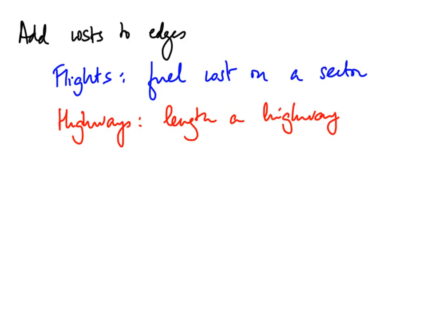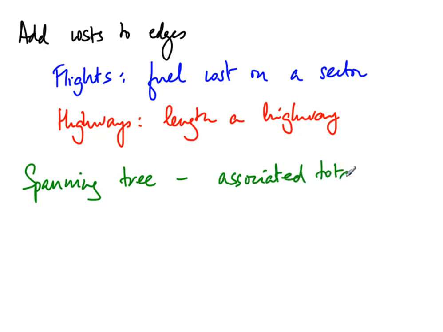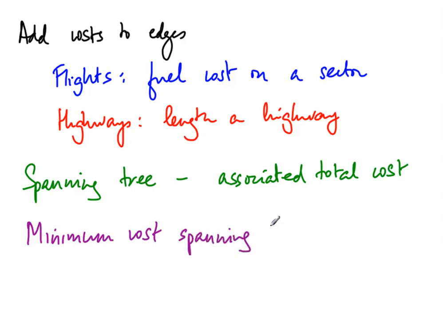So now each spanning tree has an associated total cost, right? So you take the edges that form the spanning tree and add up the cost, and that is the cost of the spanning tree. And in both these examples and in general, the typical requirement is to find a minimum cost spanning tree, right?